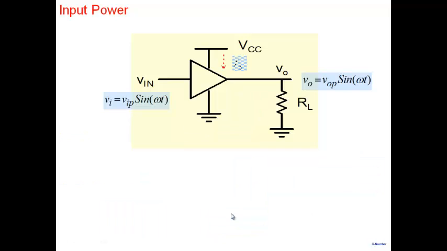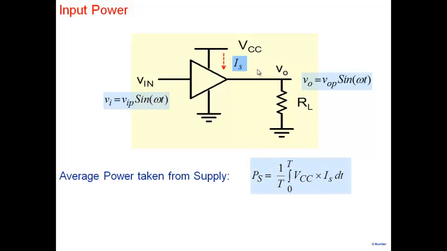Okay. The input power. Again, let me emphasize, we're talking about the supply power. What will happen is you are going to draw some current from the supply voltage. So the power that you take from the supply, again average power, PS, will be equal to 1 over T, integral 0 to T, where T is one cycle of the sinusoid, of VCC, which is my supply voltage, multiplied by IS, the current that I'm drawing from the supply, dt.